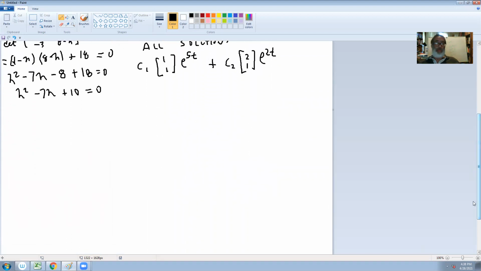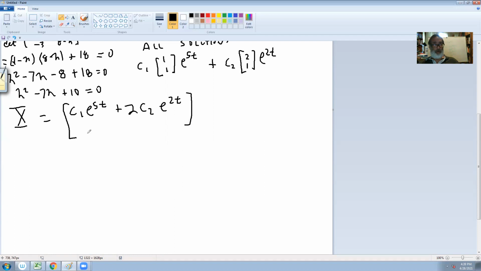All right, so what does this mean? It means that the solutions look like this: C1 e to the 5t plus 2 C2 e to the 2t, or the second one is C1 e to the 5t plus C2 e to the 2t.